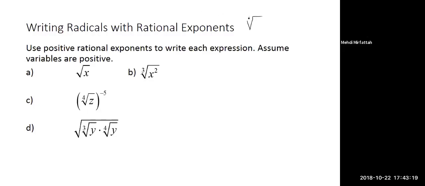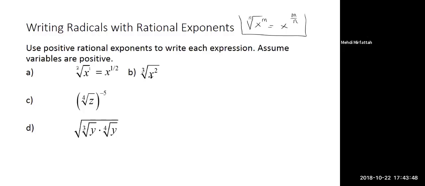If I have nth root of x to the power of m, that is the same as x to the power of m over n. Remember that. And that this m could go outside this radical. So the first one would be x to the power of, my root here is 2, my exponent here is 1. So it would be x to the power of 1 over 2. Simple as that.